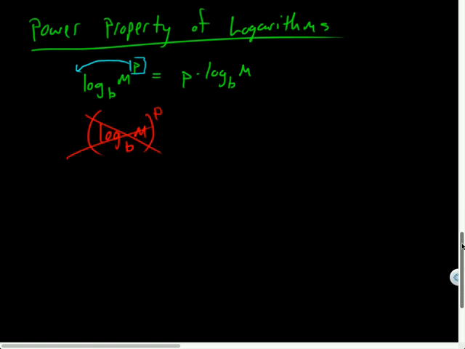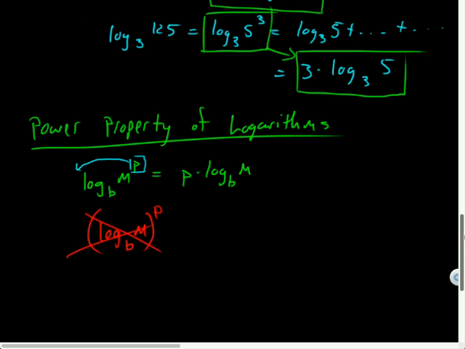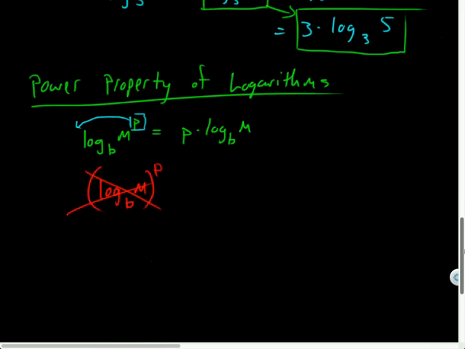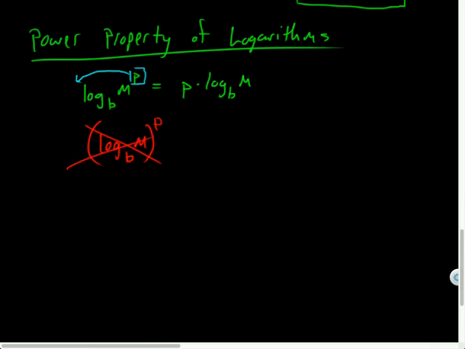That can have some interesting effects. I'm going to skip that example for now, I think. Power property of logarithms. And then let's do one more property. And then we might get into solving today, which will be good.